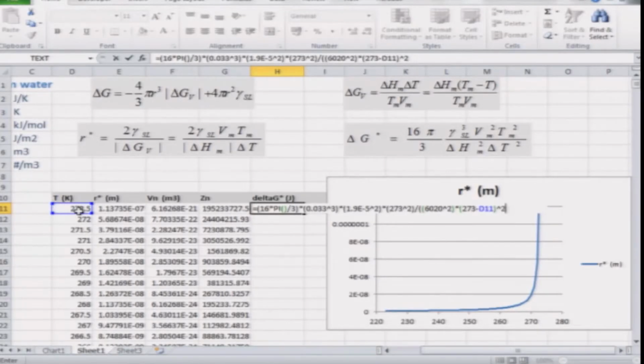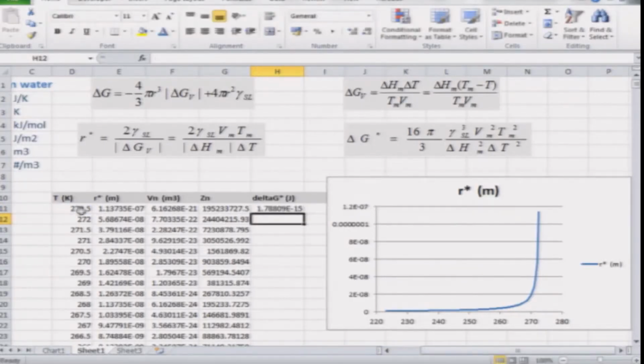The undercooling is 273 minus the transformation temperature, squared, and that should take care of this. So we get a value of delta G star here.